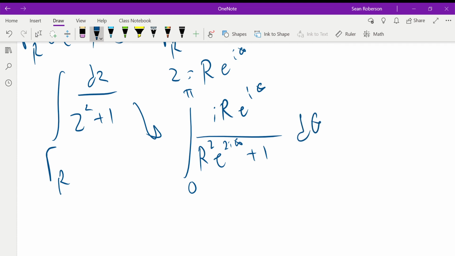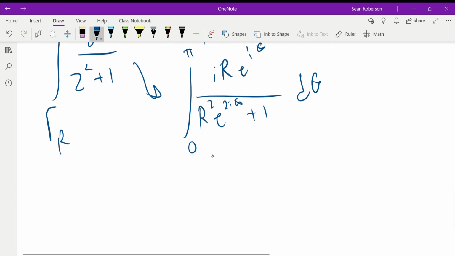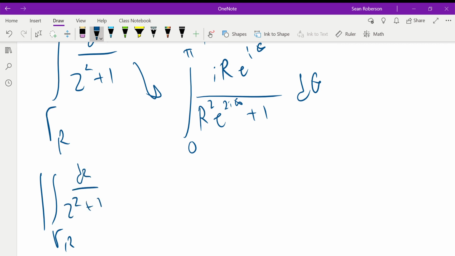Now, we can evaluate this integral if we want to, we can try, but we're only concerned about an estimate. So now we're going to actually estimate the size of this integral. So I want to look at the absolute value of this integral over the semicircle, dz over z squared plus 1. And we'll use the triangle inequality to write the following.